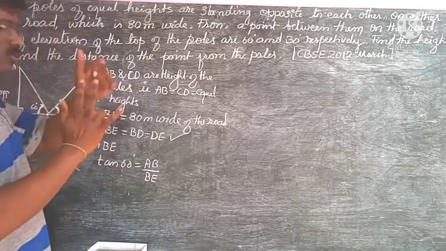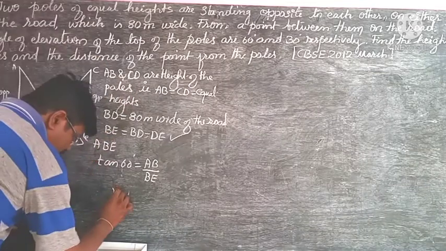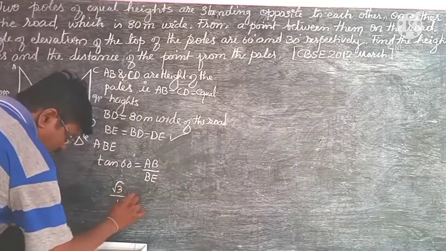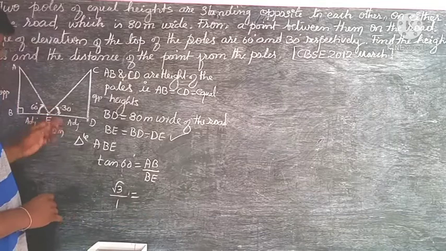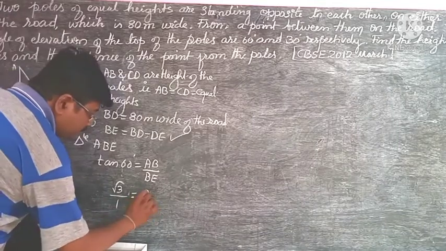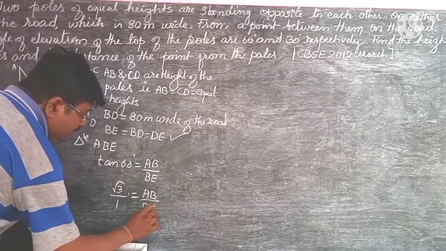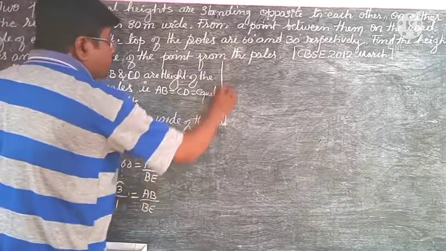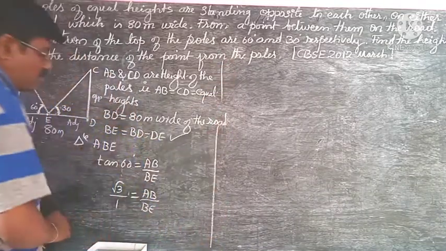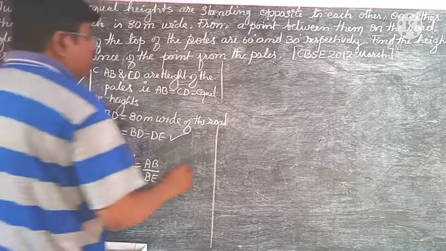So tan 60 degrees is root 3 by 1, and it equals AB divided by BE. We call it equation number 1.